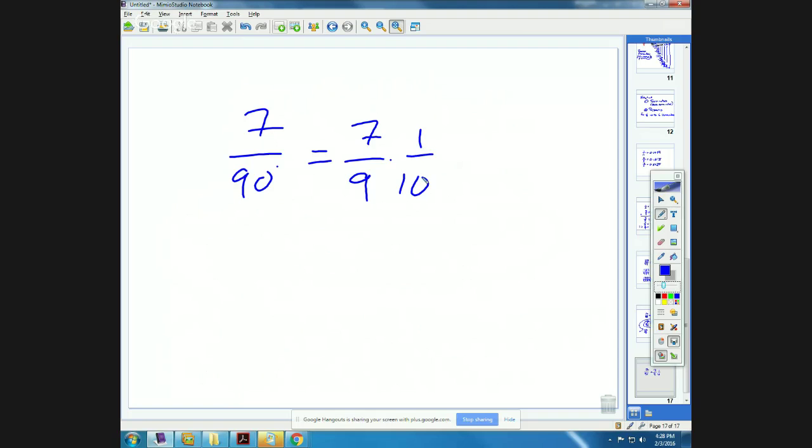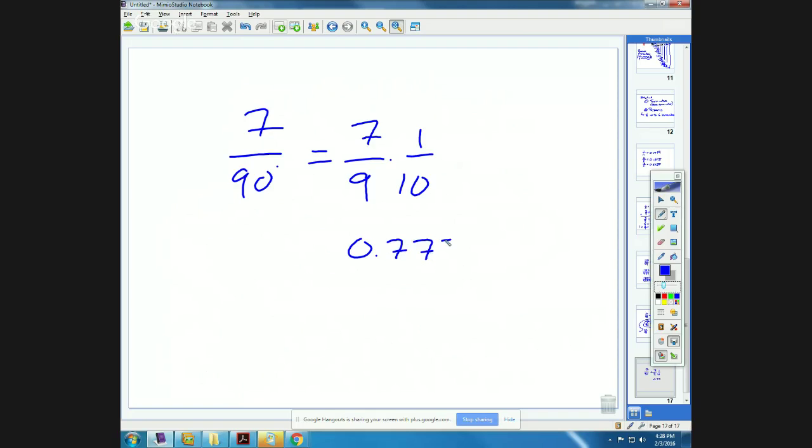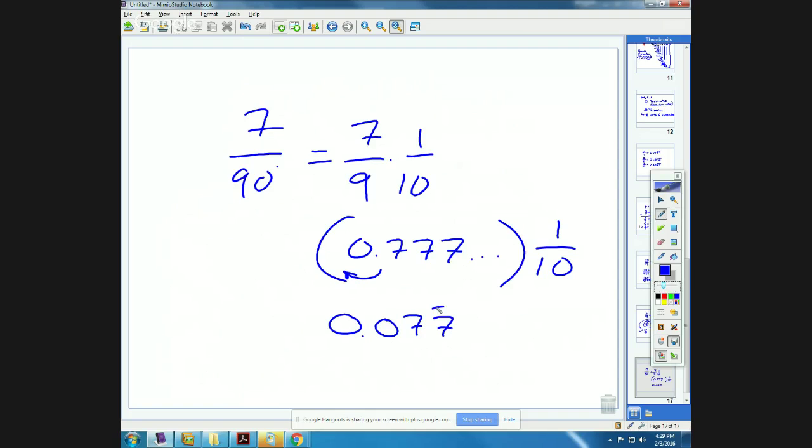Does that make sense? 7 over 90 is the same as 7/9 times 1/10. I know that 7/9 is 0.777, blah, blah, blah. What happens when we multiply something by 1/10, or divide by 10? Doesn't dividing by 10 just move the decimal point to make the number slightly smaller? So there's where we get that pattern 0.077, and just the 7 repeats.